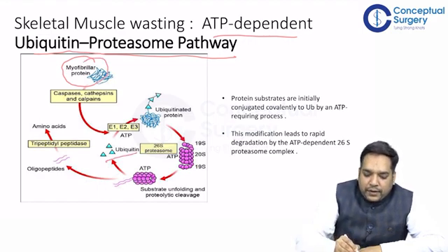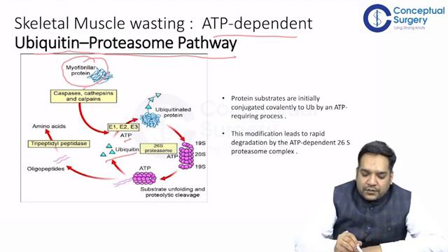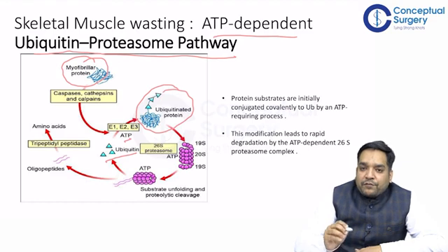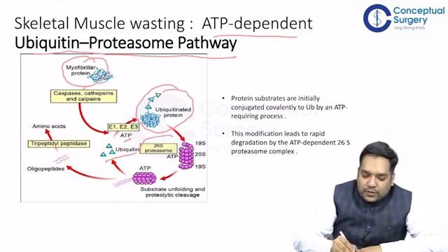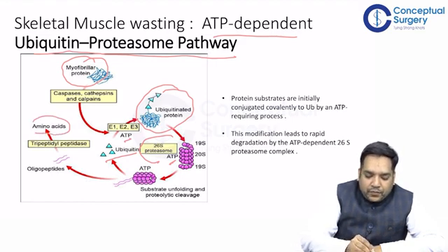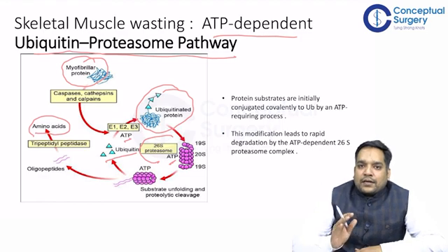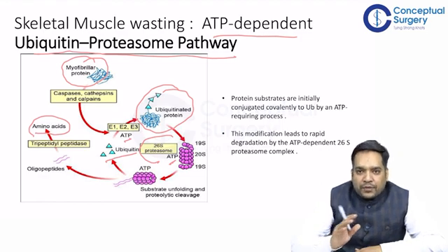And this is an ATP dependent process. Once this protein gets combined with ubiquitin, it becomes very vulnerable to get degraded by the 26S proteasome. This degradation is also an ATP dependent process. So by the 26S proteasome, this ubiquitinated protein gets broken down into amino acids. So this is how catabolism breaks down the skeletal muscle.